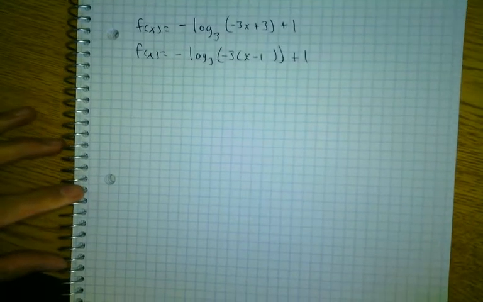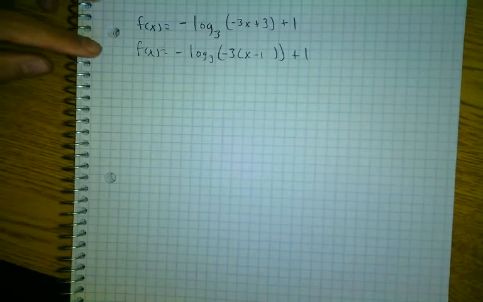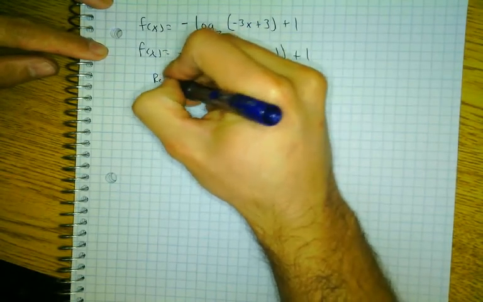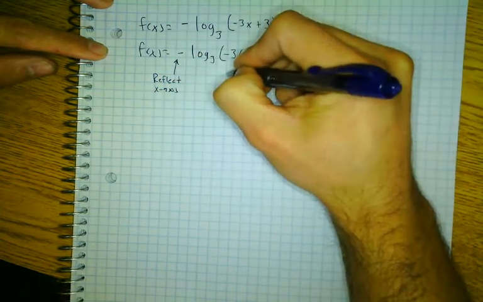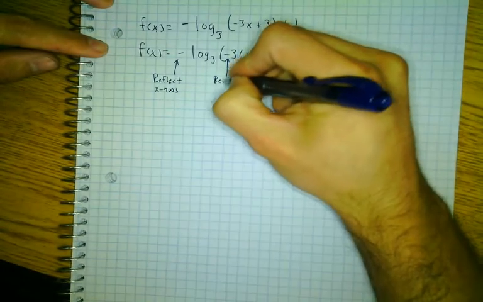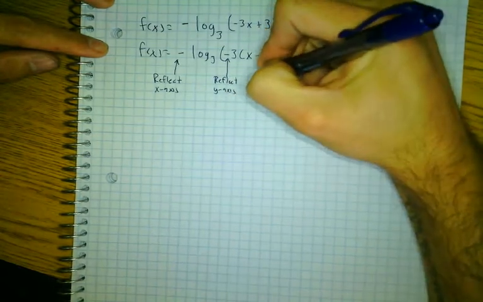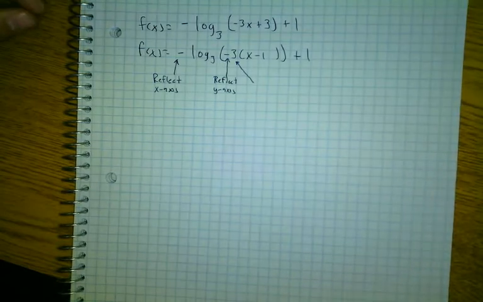Okay? All right, so let's list the transformations. The negative all the way in the front does what? So reflect x-axis. All right, the negative inside the parentheses, reflect y-axis. What does the 3 inside the parentheses do?